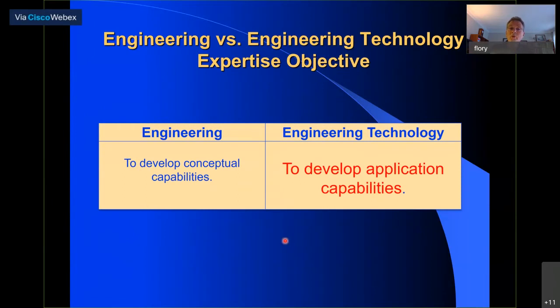When it comes to expertise objectives, the engineering curricula greatly favors the idea of developing conceptual capabilities. And again, engineering technology is more about developing application capabilities.